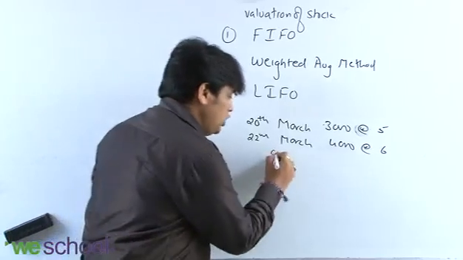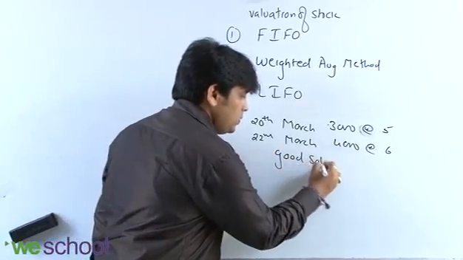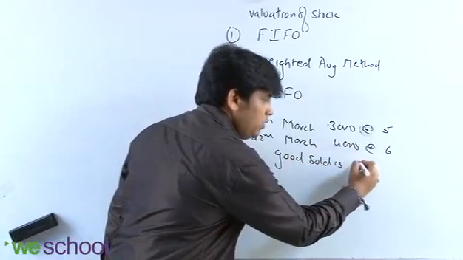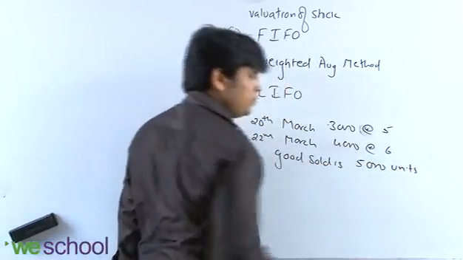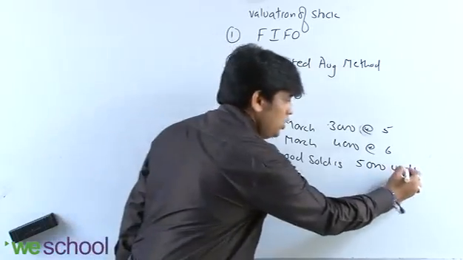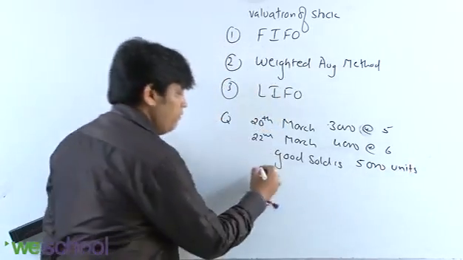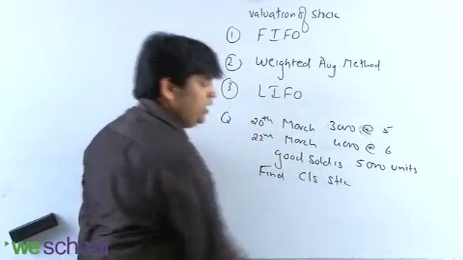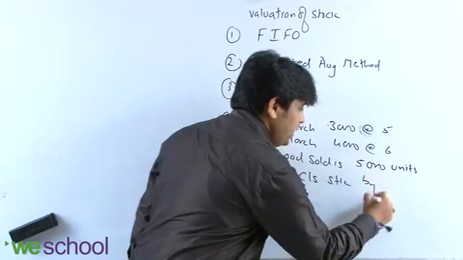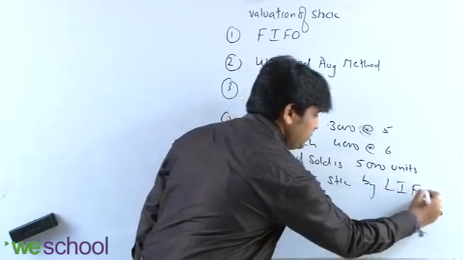Now, goods sold is 5,000 units. Find closing stock by LIFO method.